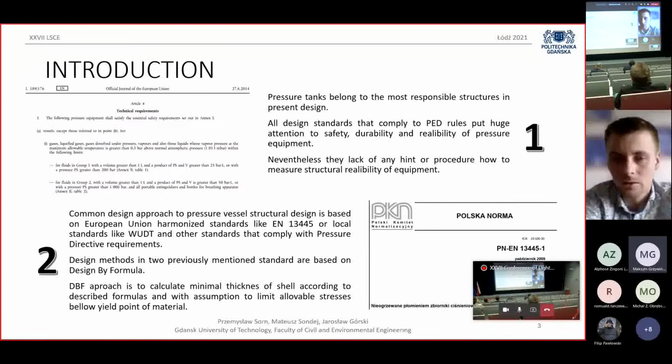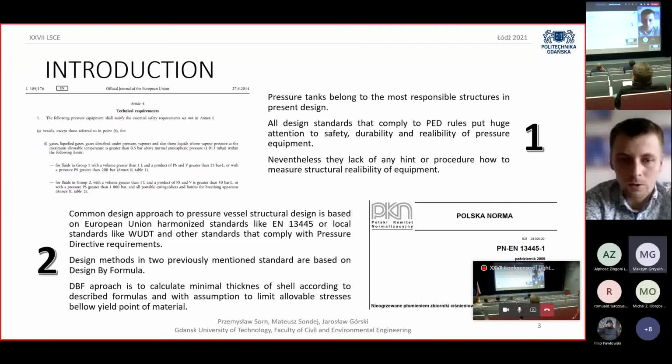At first, I would like to give you some information about the legislation in the European Union for pressure equipment. All the pressure equipment needs to comply with the Pressure Equipment Directive. The directive gives us the essential safety requirements that need to be met during the design, manufacturing process and construction.